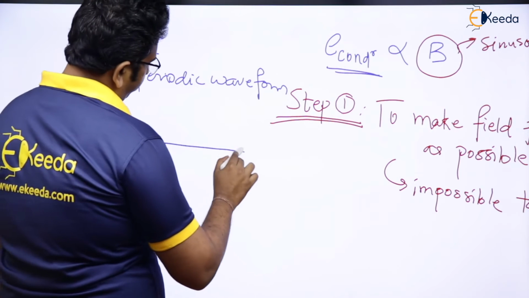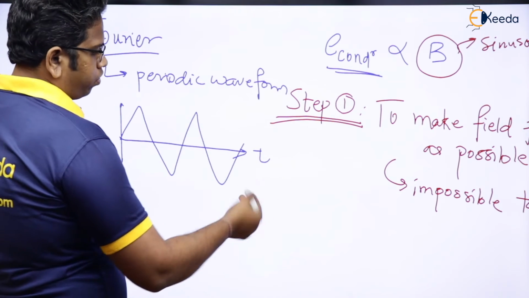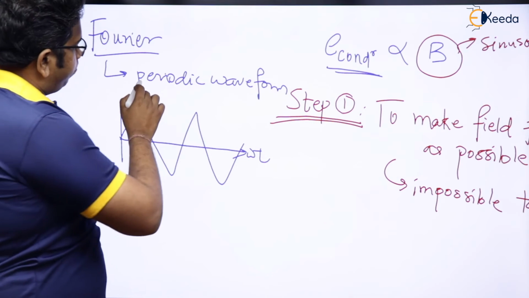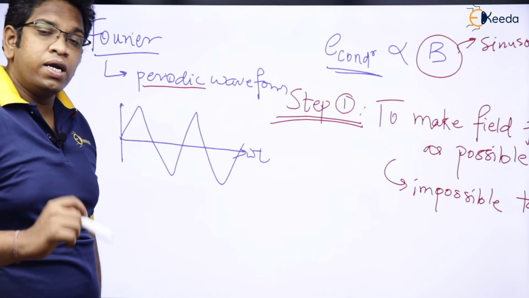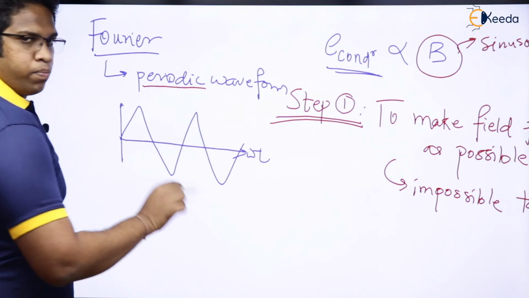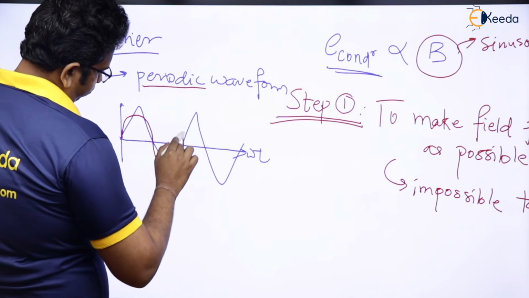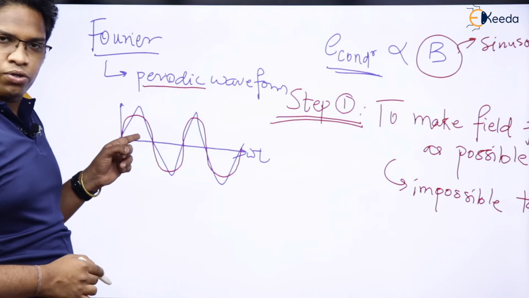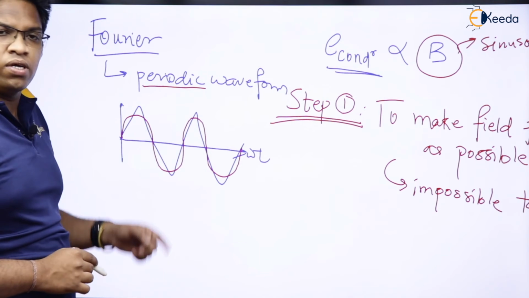For example, if you have a periodic waveform like this, with time t, or let us say omega t. Right? Now, this particular waveform, which is periodic in nature, can be represented as a linear combination of sinusoids, which means here I can represent this same blue with some sinusoid here. But if you think of this sinusoid, red is not equal to blue. Why? Because blue is non-sinusoid.